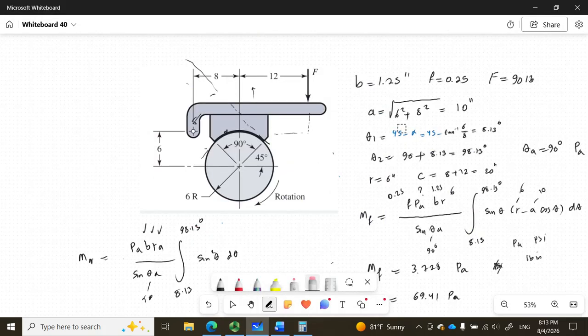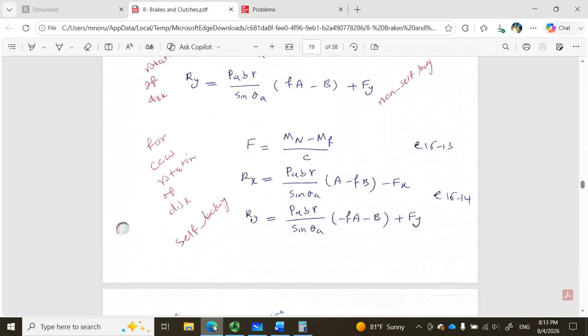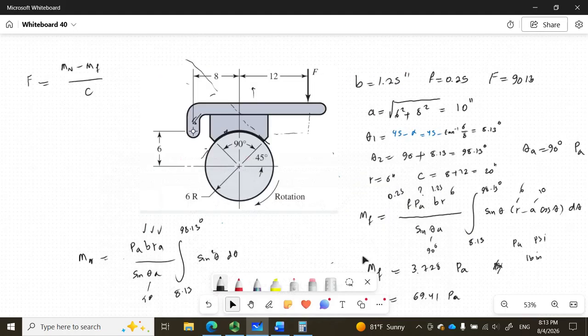F equals (Mn minus Mf) divided by C. What Mn was? 69.4 minus the other one, 3.728 times PA.